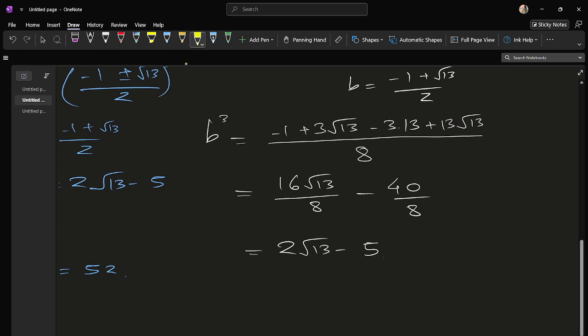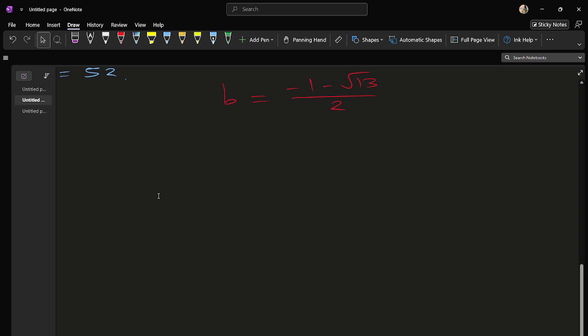Okay, so let me check it. Let me write with red color. Let our b be equal to (-1 minus root 13) by 2. Then what will happen? Then our b cube will be by 8, so that will be minus 1 minus 3 root 13 minus 3 into 13, and that will again be minus 13 root 13.